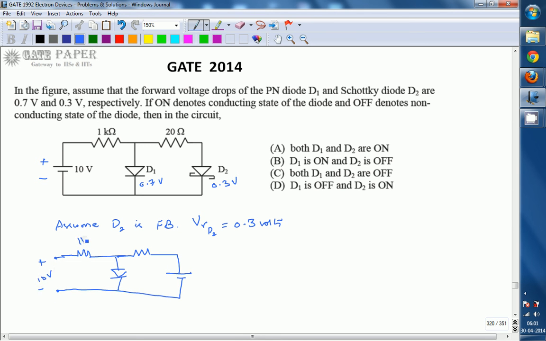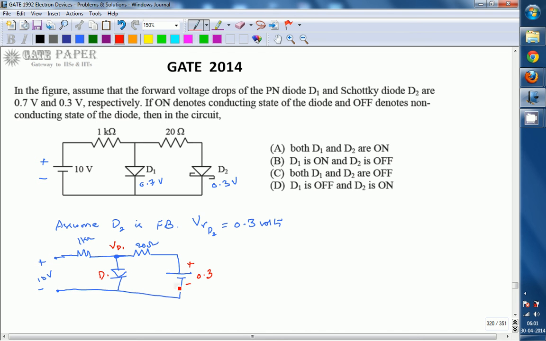This is 1k and this is 20 ohms. Let us assume this is the voltage across diode 1, VD1. If VD1 is greater than 0.7 volts, then we can say that diode D1 is also in forward bias mode. So we have to calculate the voltage across the diode.